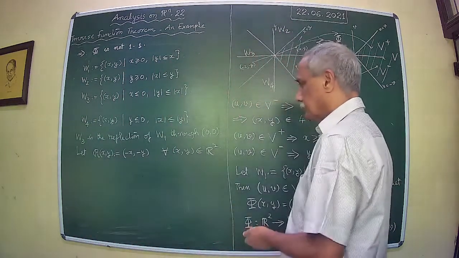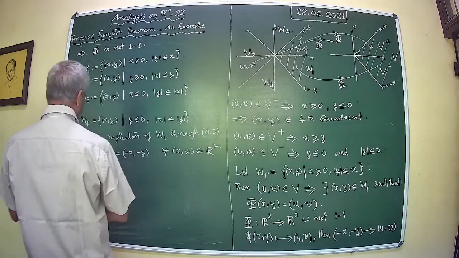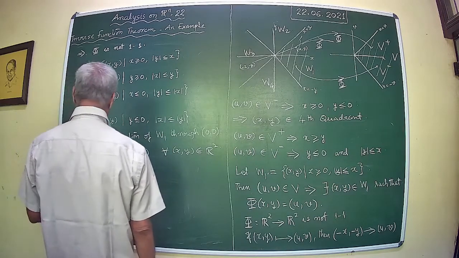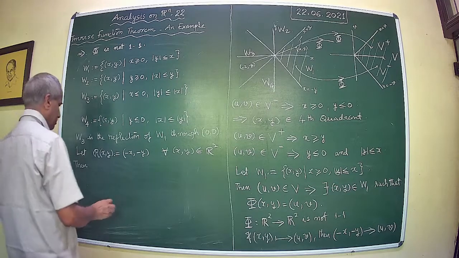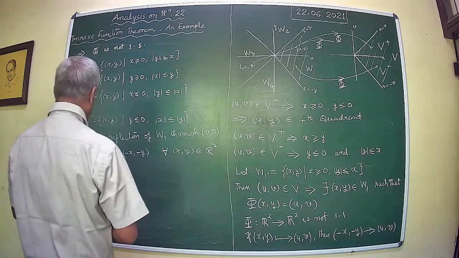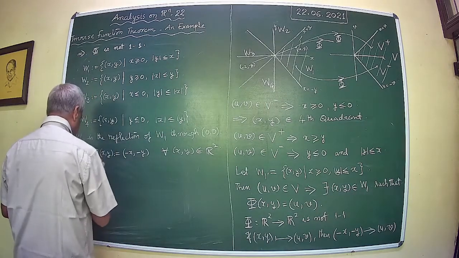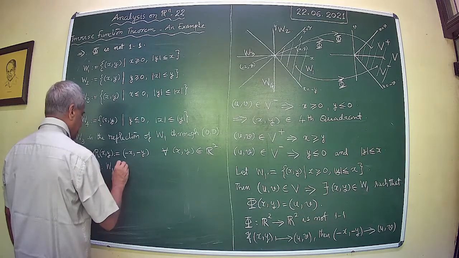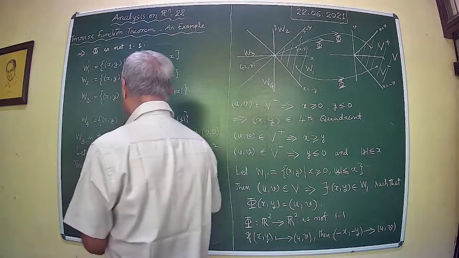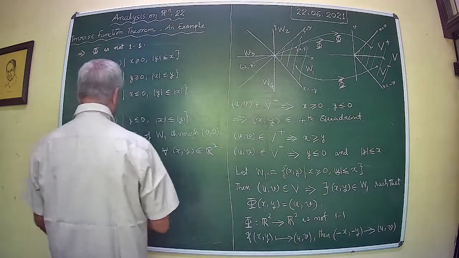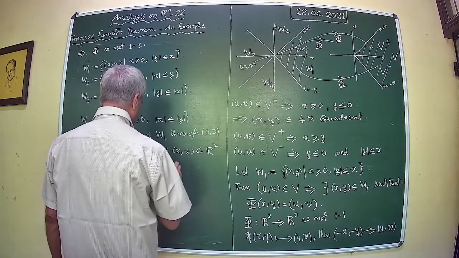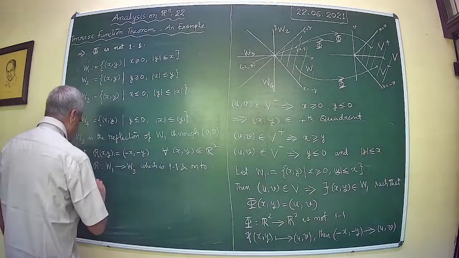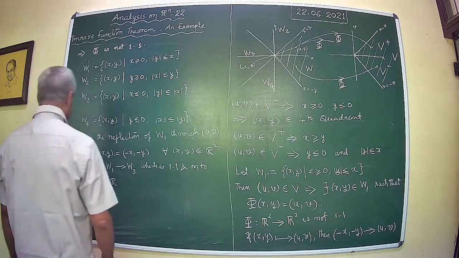Okay. It's a map from, and R inverse is given by R.